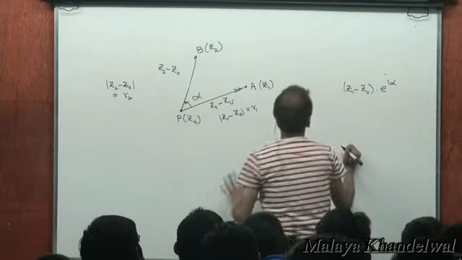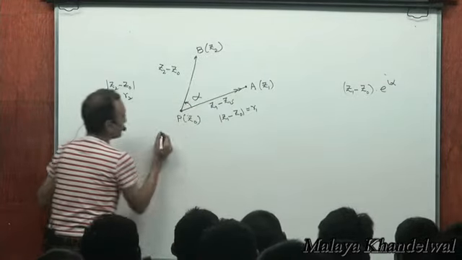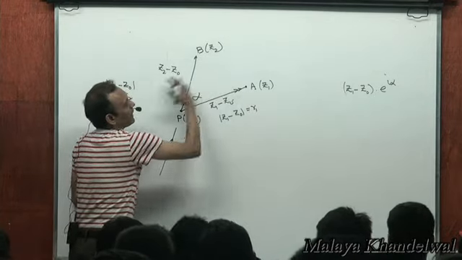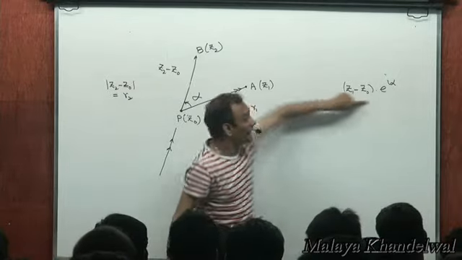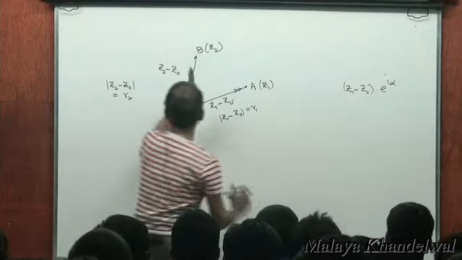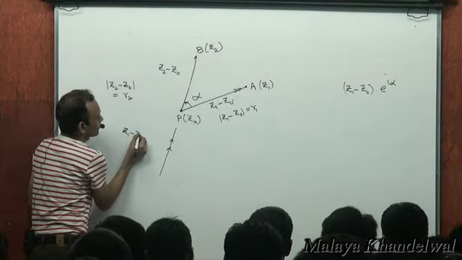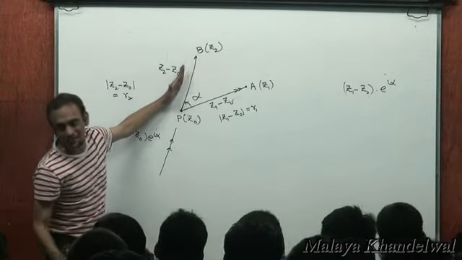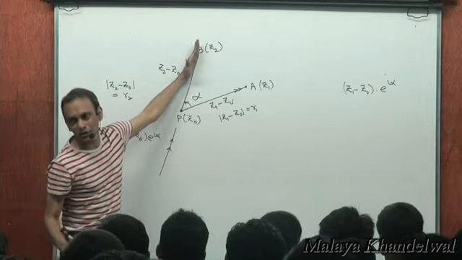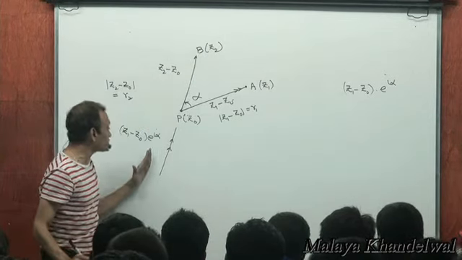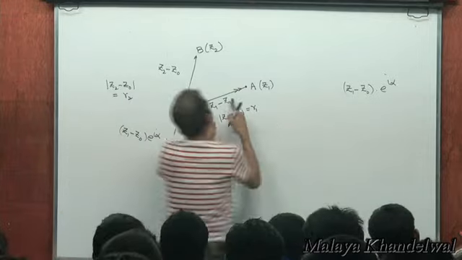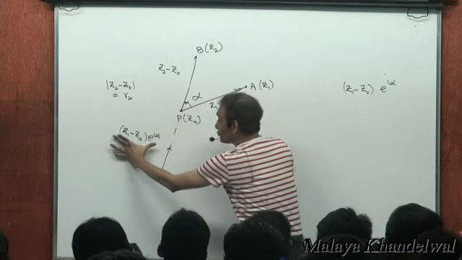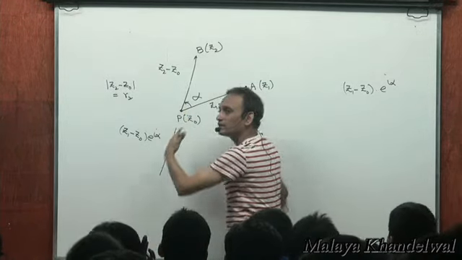On multiplying z1 minus z0 with e power i alpha, you get this vector, and this vector, z1 minus z0 times e power i alpha, will be aligned with z2 minus z0. Because on multiplying z1 minus z0 with e power i alpha, the vector becomes parallel to z2 minus z0. Therefore, this vector will become parallel to this vector. Yes or no? Yes.